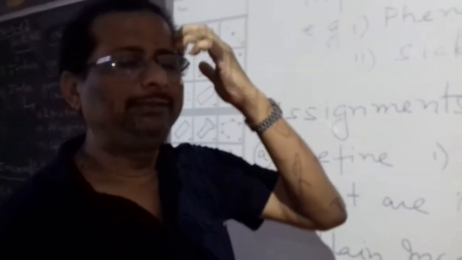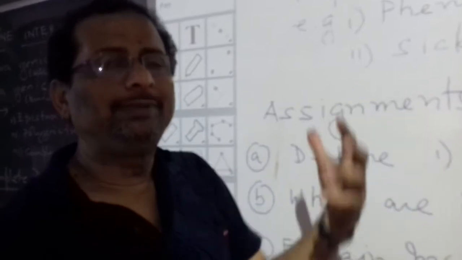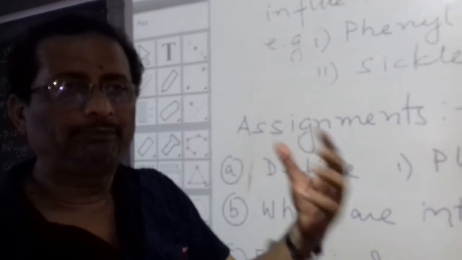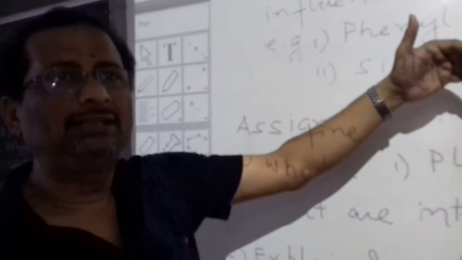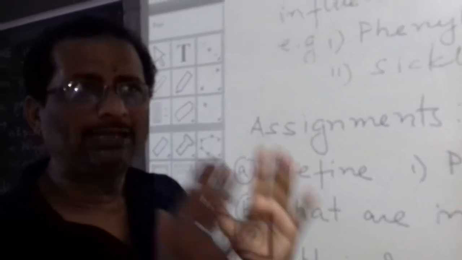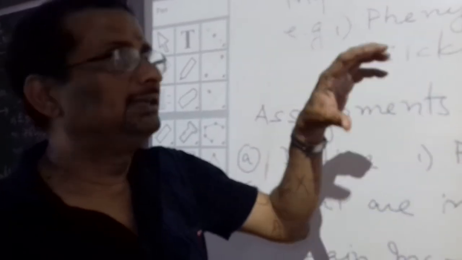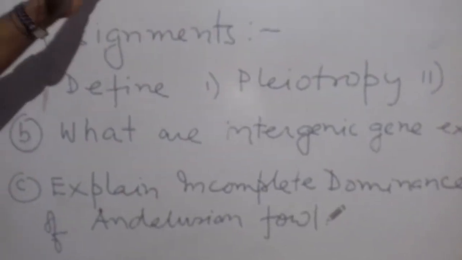At the same time, sickle cell anemic persons are resistant to malaria because the malarial parasite Plasmodium cannot complete its life cycle in the RBC because of the defective hemoglobin. So we see several characteristics expressed in several forms. One particular defect of the gene can influence more than one trait. So these are the things which we studied today.